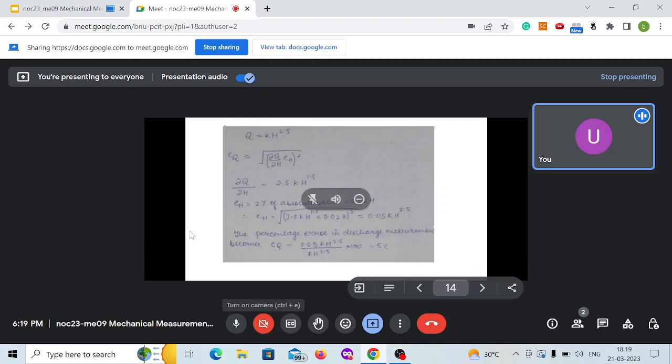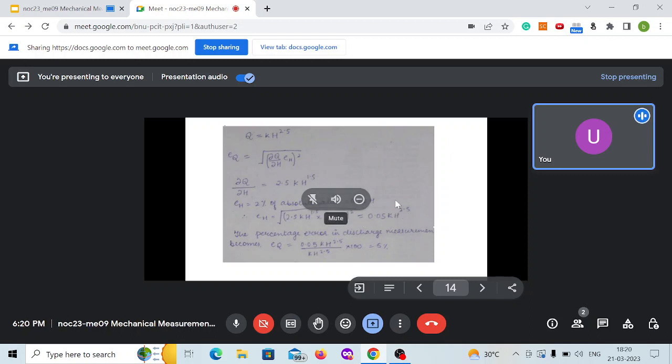Then the error for Q, this is not e h, this is e Q, is the root of dou Q by dou h, 2.5 into k h to the 1.5, into 0.02 h, the whole square. So the uncertainty in Q is 0.05 k h raised to 2.5.